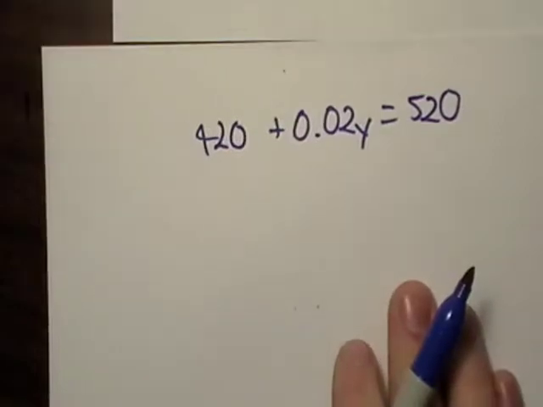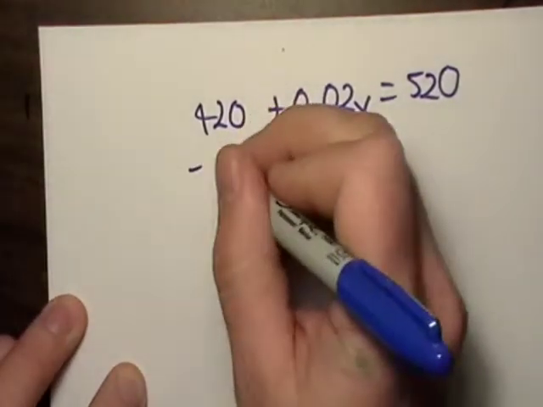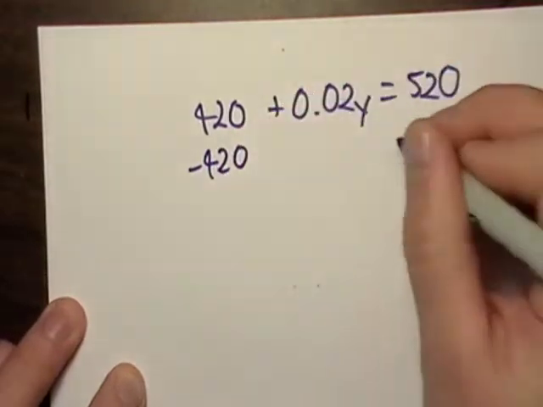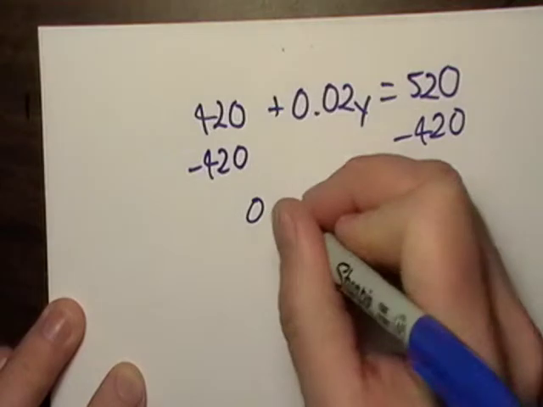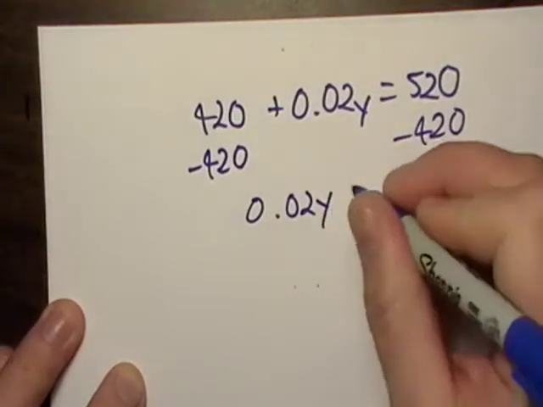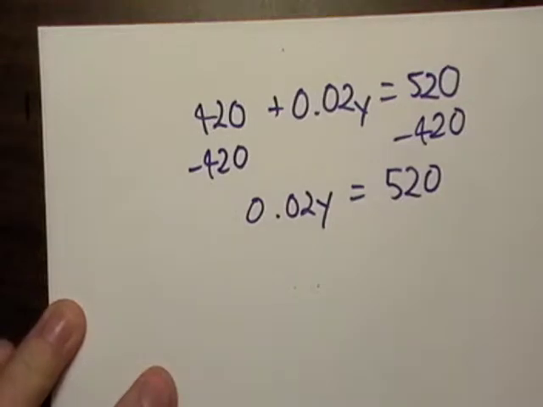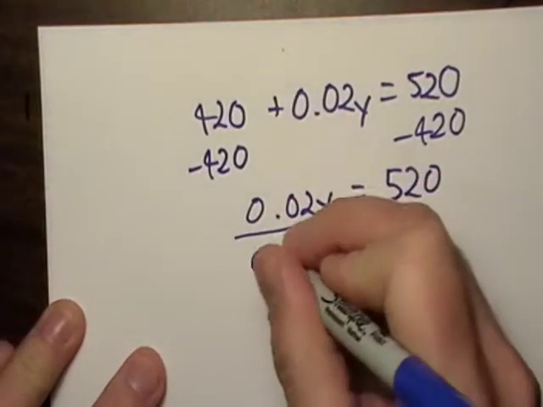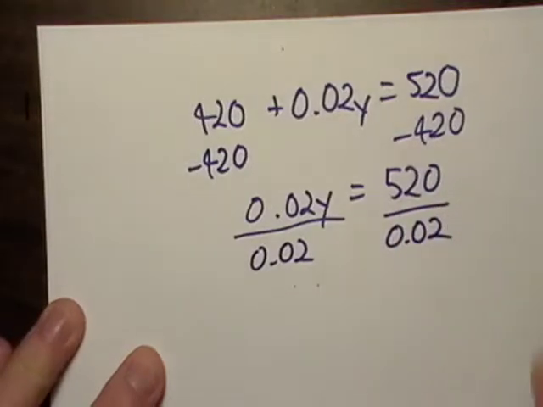Okay, so I just rewrote that, and now I want to subtract 420 from both sides. That's going to leave me with 0.02y being equal to 100. Then I'm going to divide both sides by 0.02.